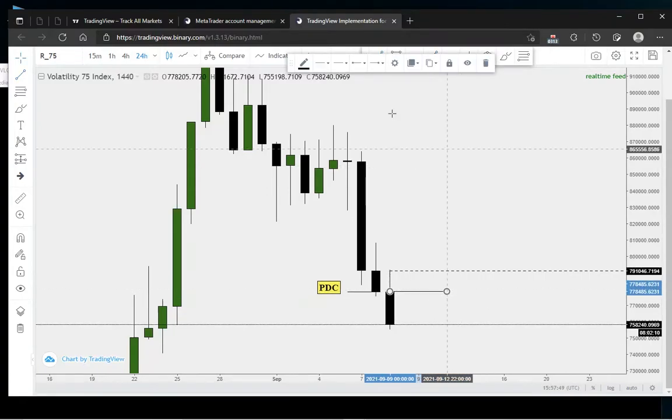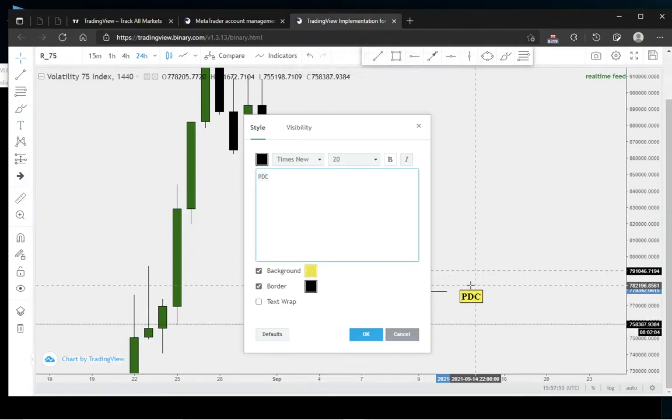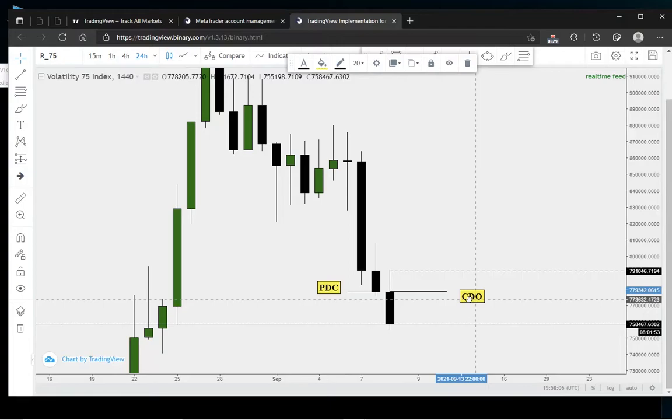Let me name it, I like to keep my things named. CDO, that's the current day open. My previous daily close is here, my current day open is here.